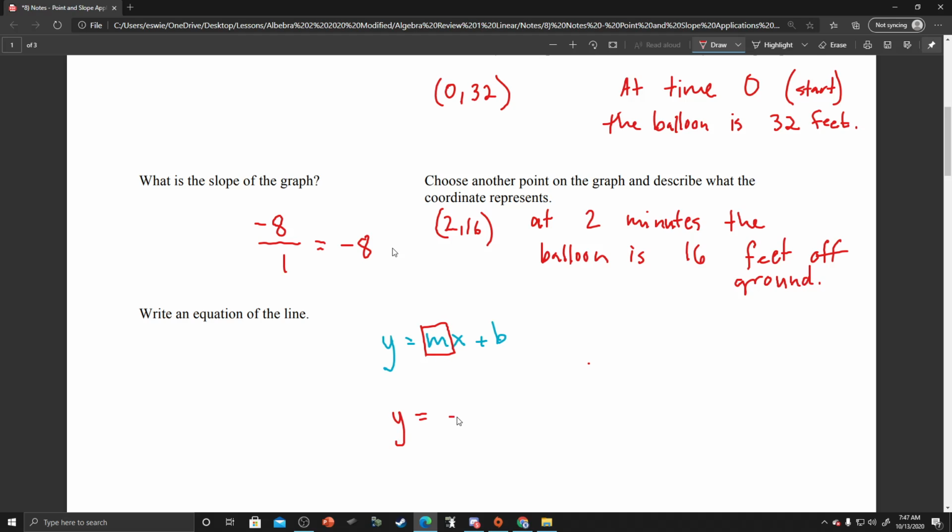Y equals negative 8x plus b, so this is the slope, and this is the y-intercept, which was 32. Good.